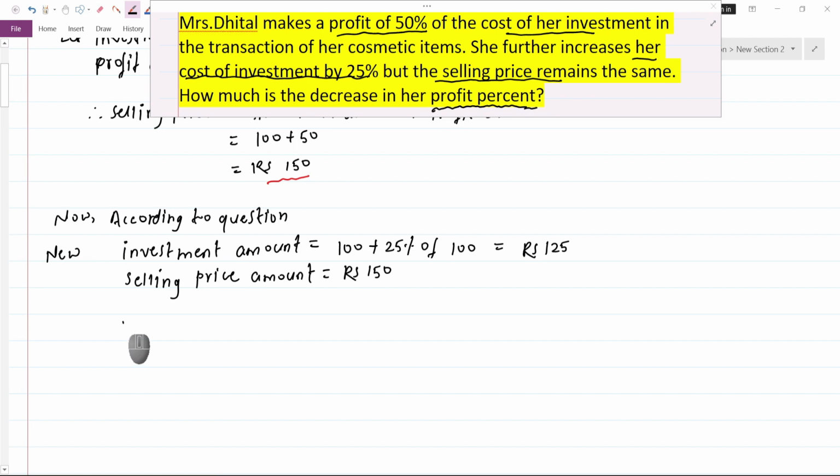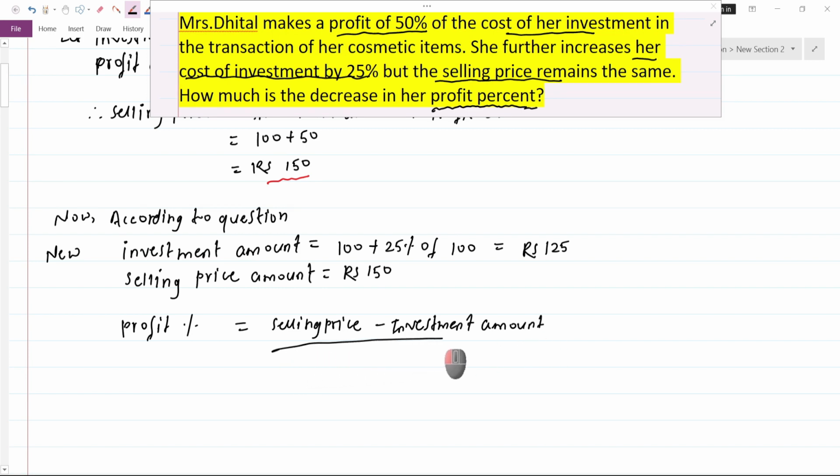So from here our profit percentage equals selling price minus investment amount upon investment amount into 100%.